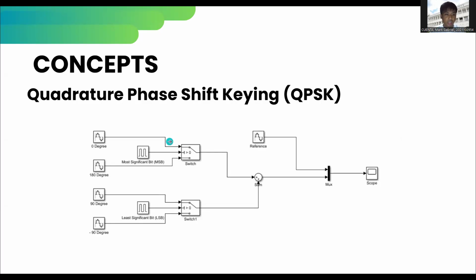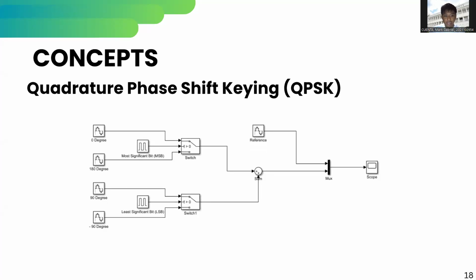On the top side, we can see the 0-degree and the 180-degree sine waves alongside the MSB going to the switch. After the switch, it goes to the sum. On the lower side, the 90-degree and negative 90-degree waves alongside the LSB go to switch 1, and then to the sum.